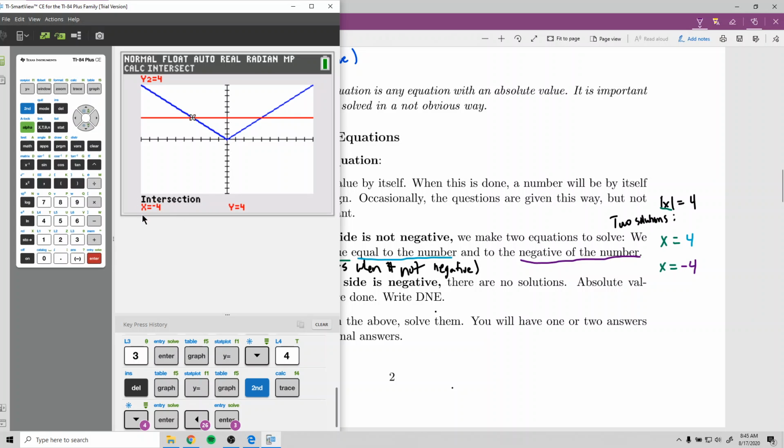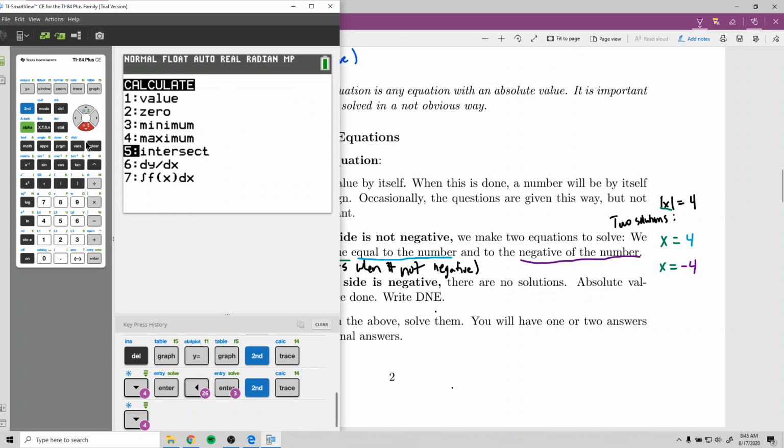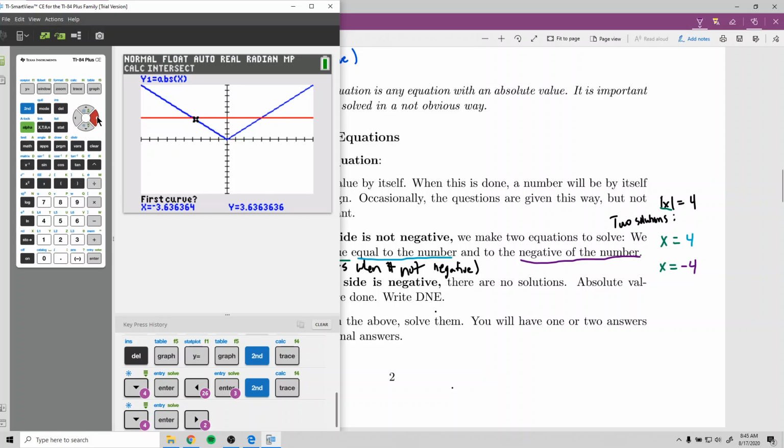And you see it does intersect at x equals -4. You can go over to the other one, second calc, go down to intersect again, and then scroll over. Just get kind of close and do the same thing. You can see it intersects at x equals 4.